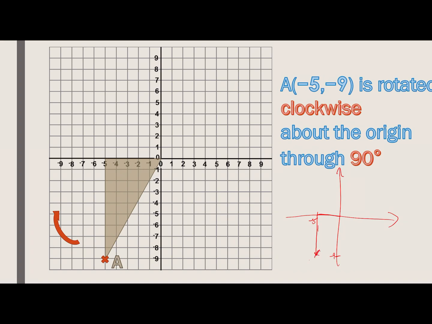You get point A. We rotate clockwise through 90 degrees, so go left becomes go up. Originally, go down will become go left. That's why we get the coordinate -9 first and then 5.